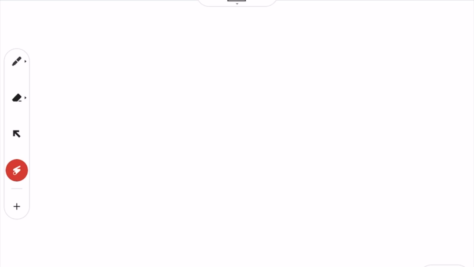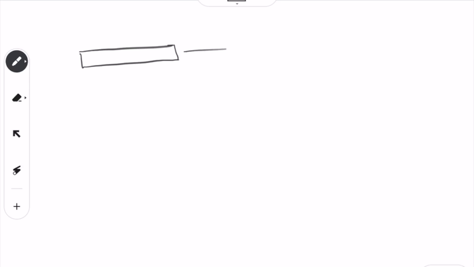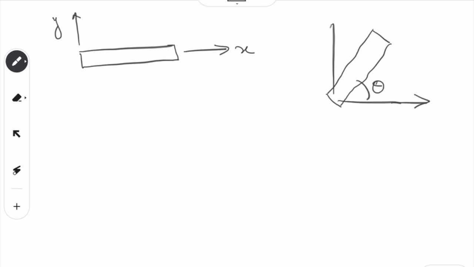So the same bar like this we have, originally we have x this way, y this way. You have rotated by theta angle with respect to the x axis, right?